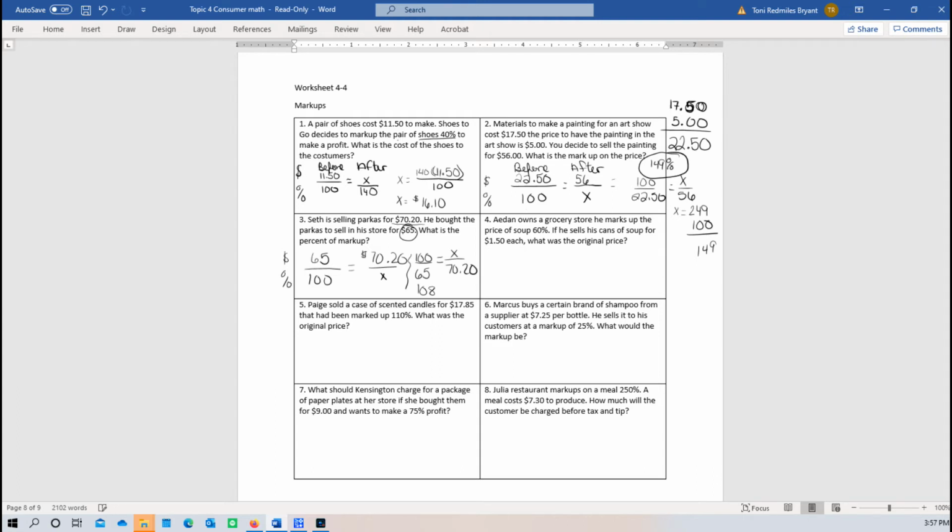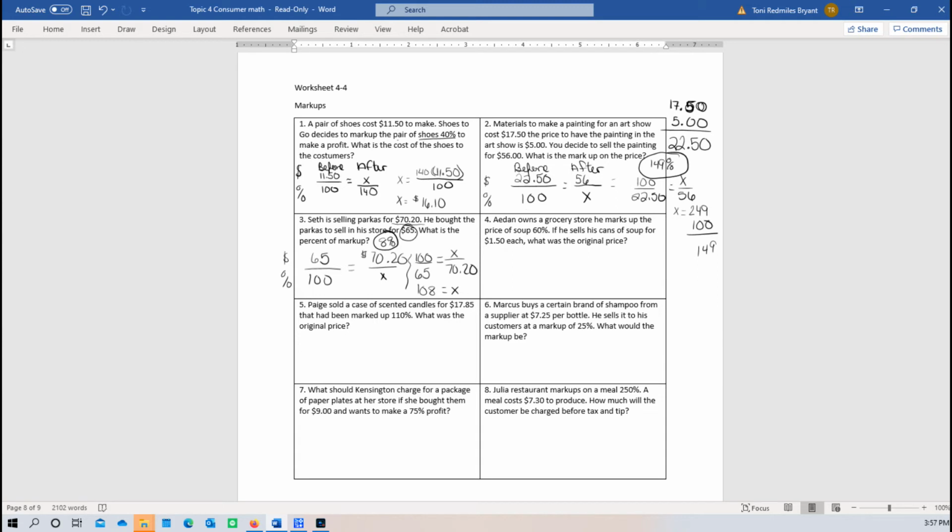And you get 108 for X. Now remember that that's how much the customer is going to pay, 108 percent on that 65. We're paying 8% more than what that 65 was. So the actual markup is only 8%. We got to subtract 100.